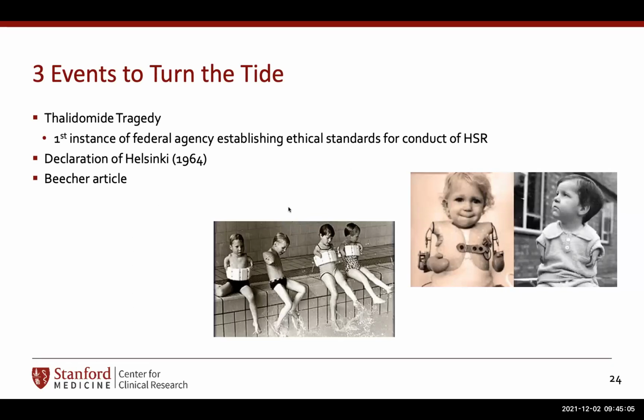At the time, it was not standard practice, nor actually a requirement, to inform patients of the investigational nature of a pharmaceutical being tested. So this came later with our regulations, but it was used in the 50s. And like I said, this affected probably thousands of children, as well as fetuses who did not survive.